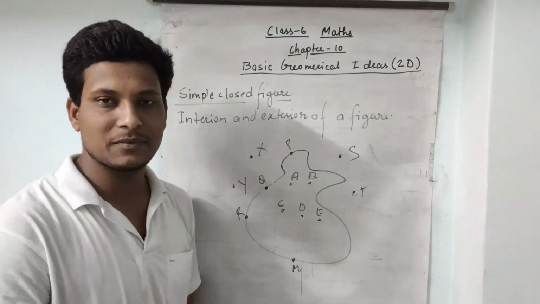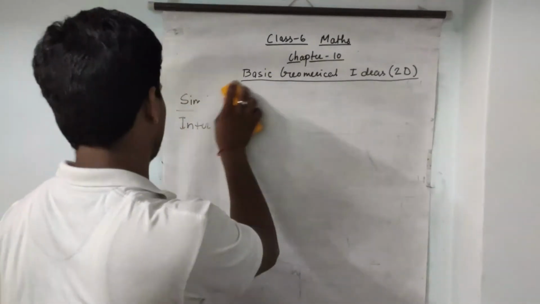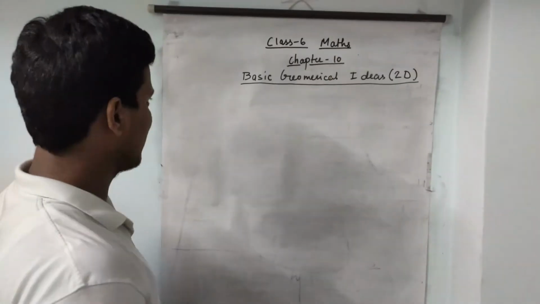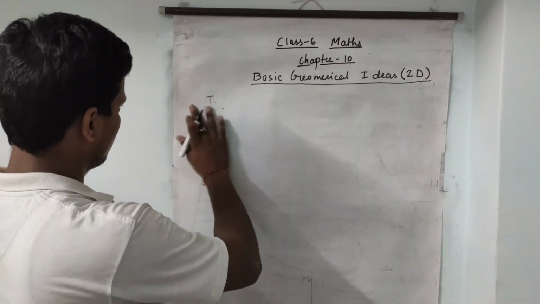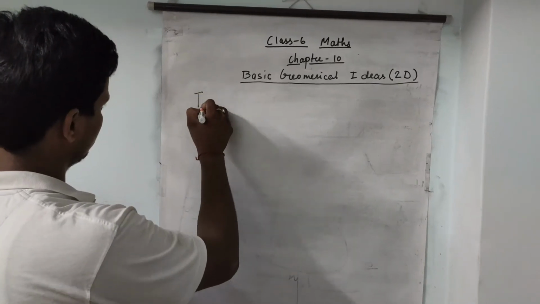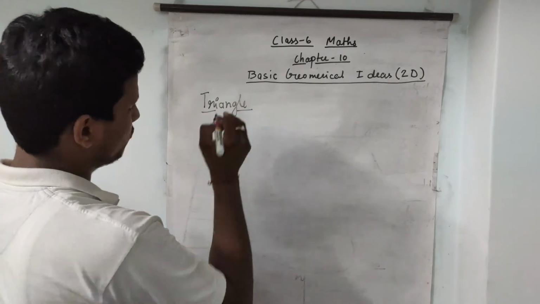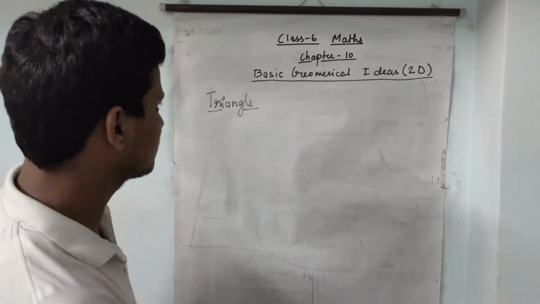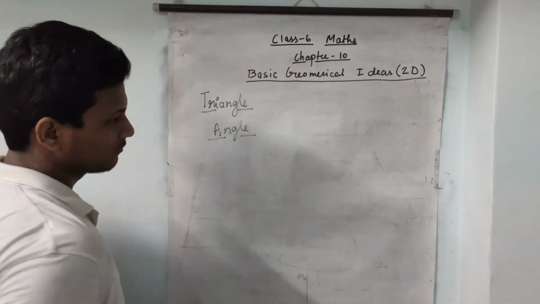Okay, so these are the particular concepts that we need to understand. Now the next concept is triangle. Before understanding the triangle we need to understand what an angle is.